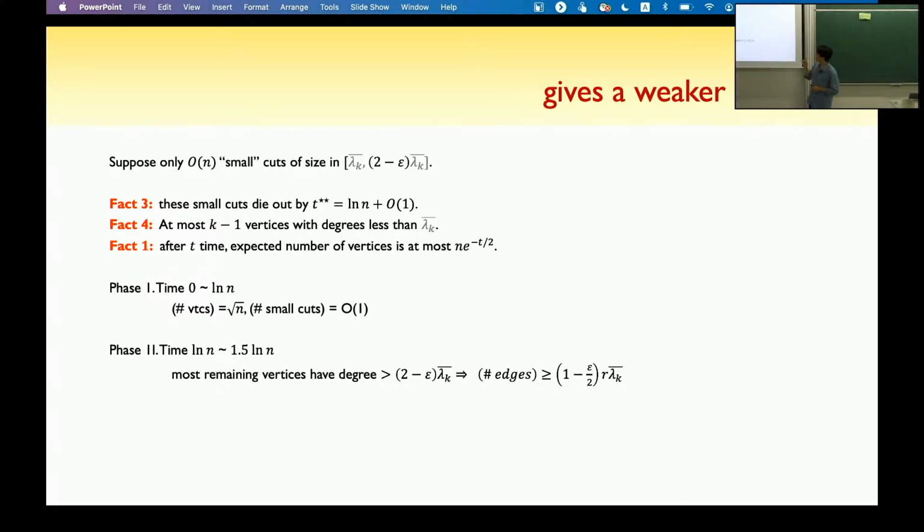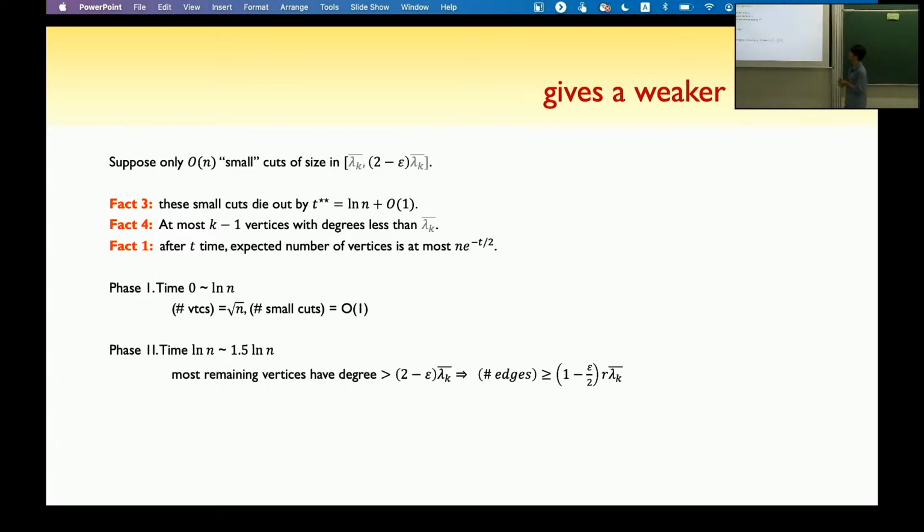Now we are assuming that there's no small cut left in the graph, which means that if you look at the current graph and at each degree, previously we just said that each degree is at least lambda k bar divided by 2. But now one can say that each degree is at least 2 minus epsilon times lambda k bar, because there's no small cut remaining in the graph.